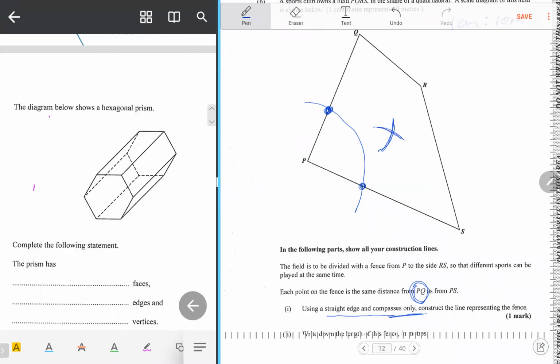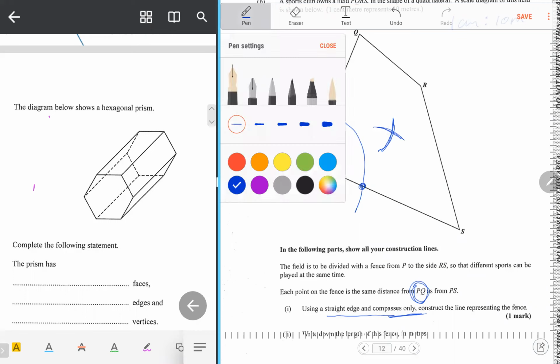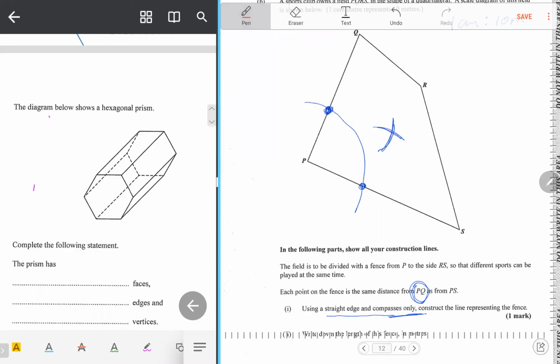And then where those two arcs cross, we're going to draw the straight line. We're going to draw the straight line for the fence straight through here. And that's going to be the fence. And what will happen is that this angle and this angle will be the same. This red line will be the fence. But do you understand that?